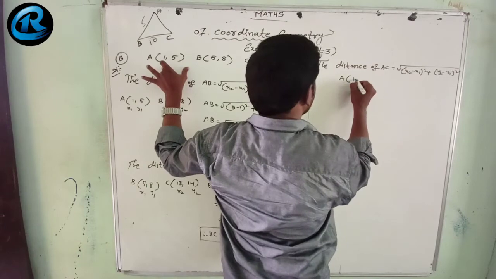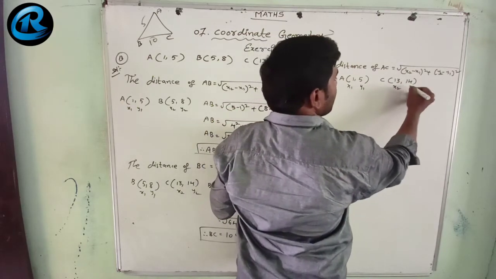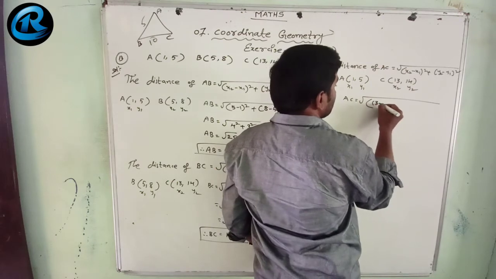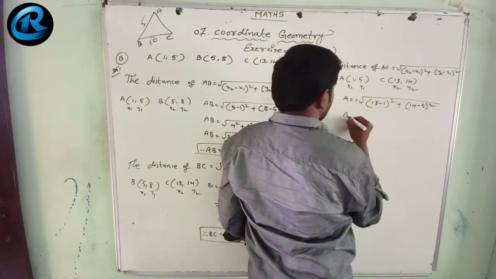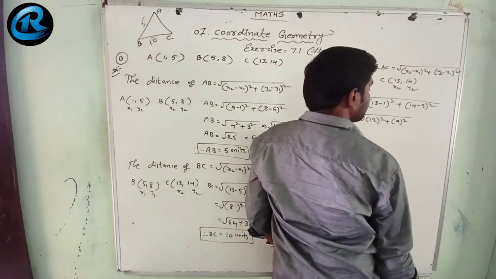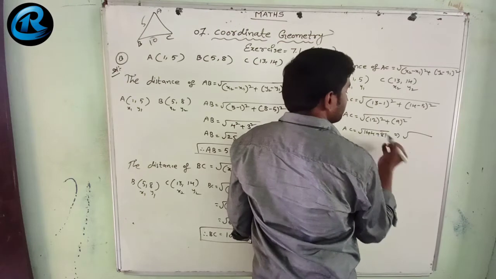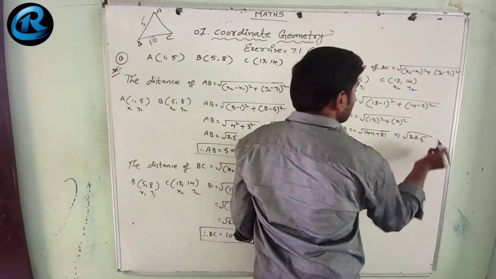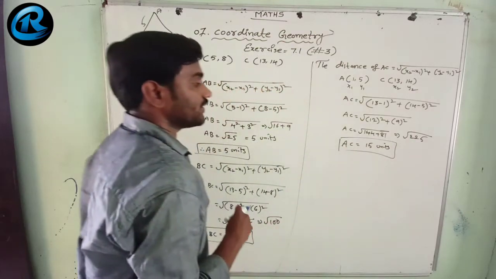Point A is (1, 5) and point C is (13, 14). AC equals the square root of (13 minus 1) squared plus (14 minus 5) squared, that is 12 squared, 144, plus 9 squared, 81, which is the square root of 225, which is 15. AC equals 15 units.